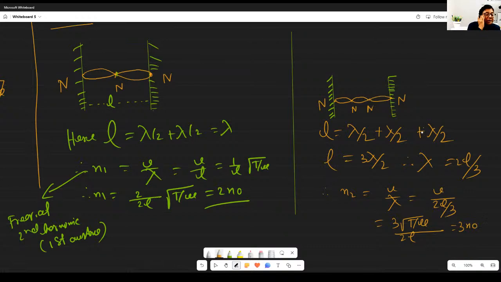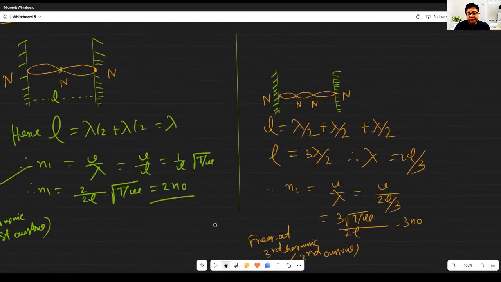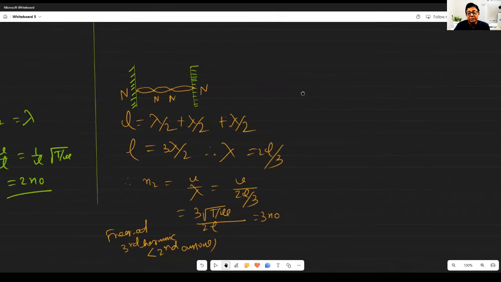So how will I refer to this? Frequency of third harmonic or second overtone. Note, overtone.